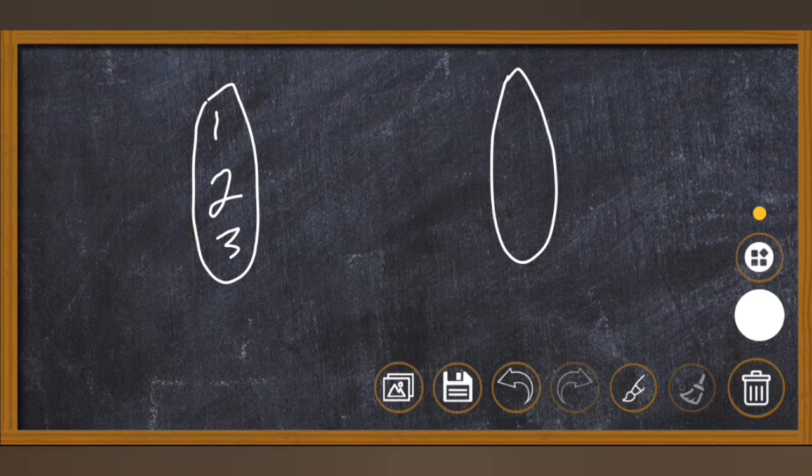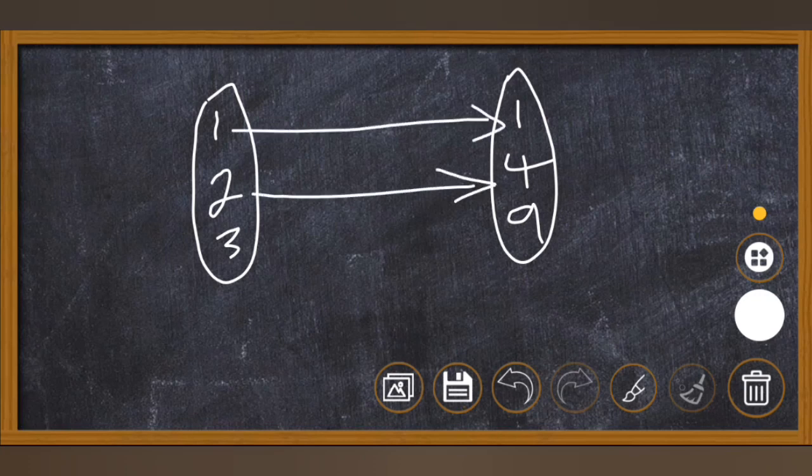And then here we have 1, 4, and 9. For a one-to-one function, you simply map an element with an element. So let's say we map this to this, this to this, and this to this as well. So this one is called a one-to-one function. And this one is called the domain, and this one is called the range.